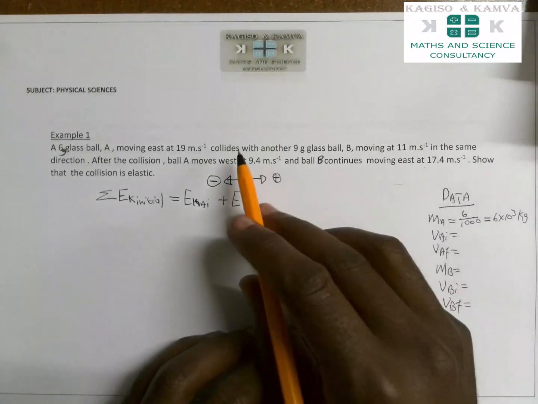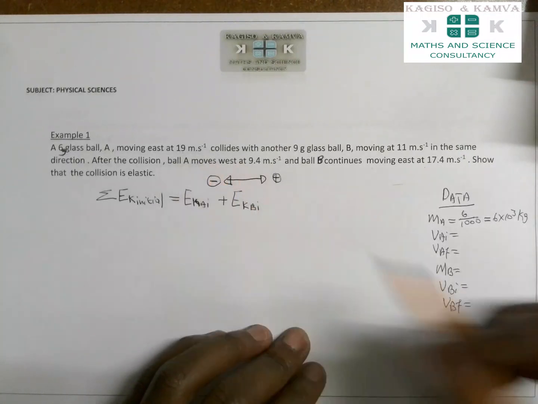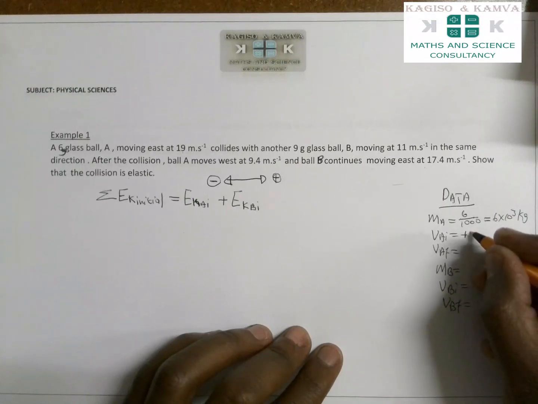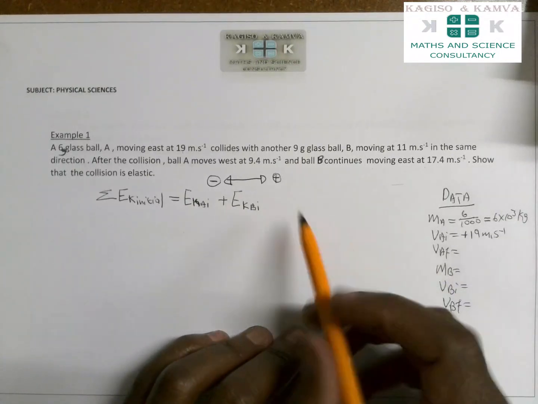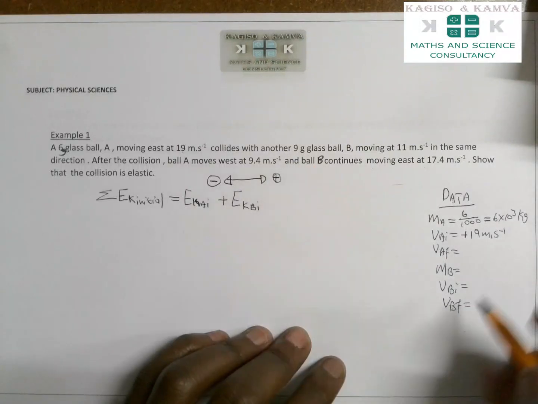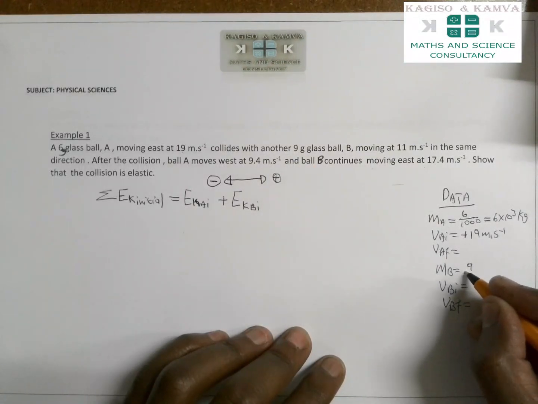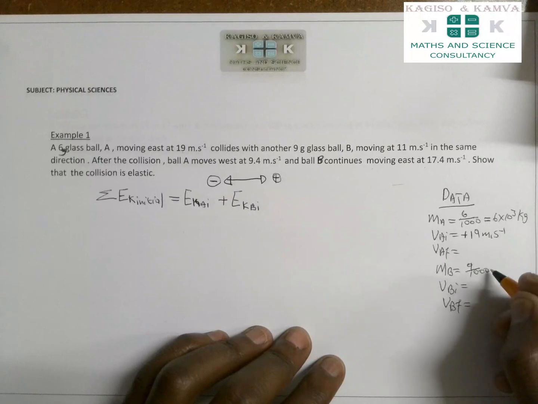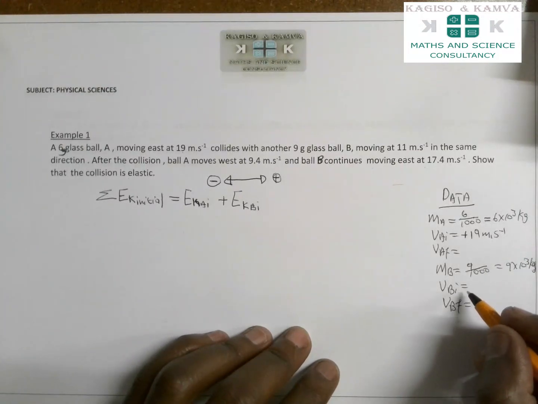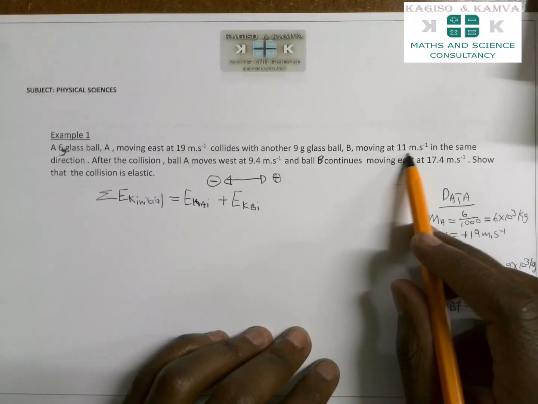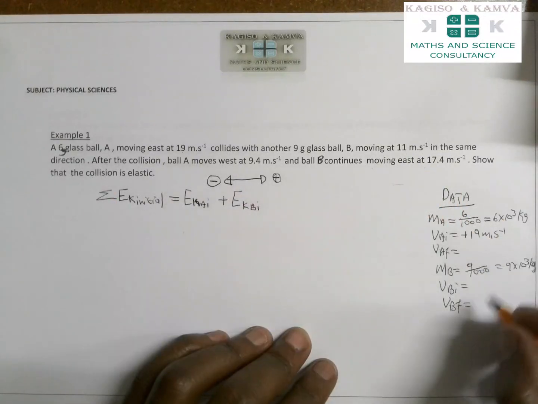So east is going to be positive 19 meters per second, collides with a 9 gram, that will be 9 divided by 1000, that will be 9 times 10 to the power minus 3 kg, moving at 11 meters per second in the same direction, which is east.